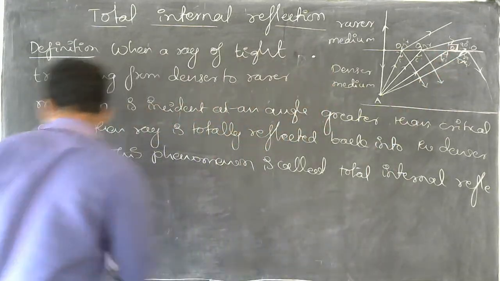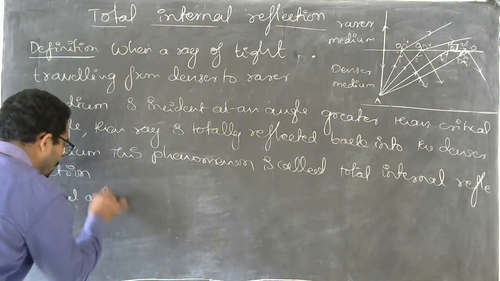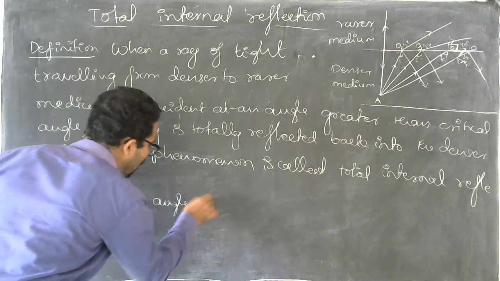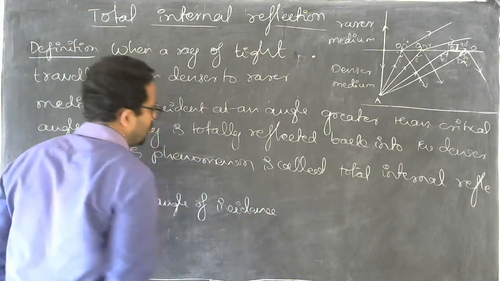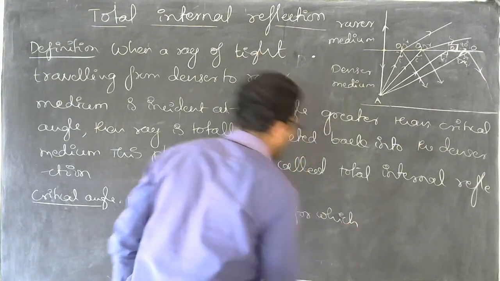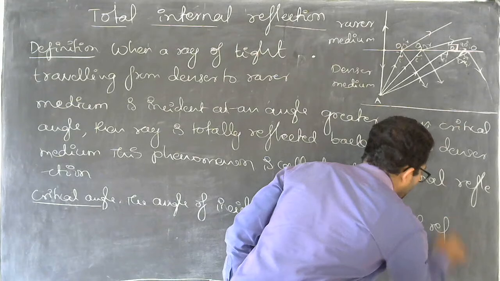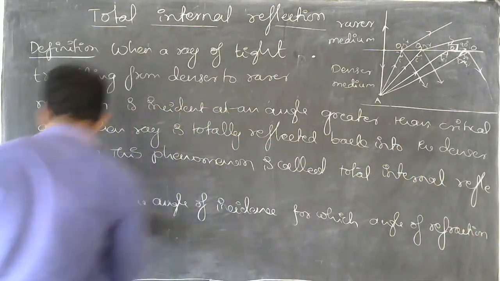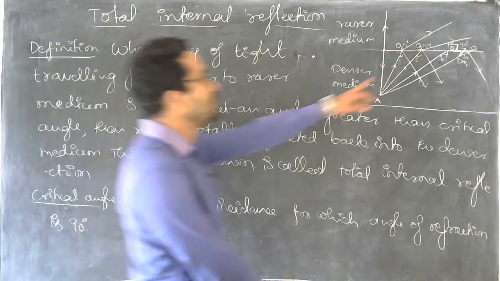So let us define the critical angle: the angle of incidence for which the angle of refraction is 90 degrees.